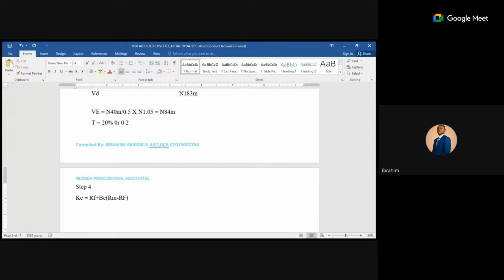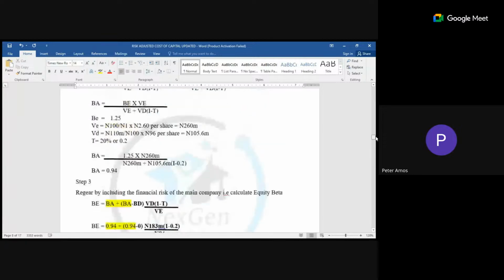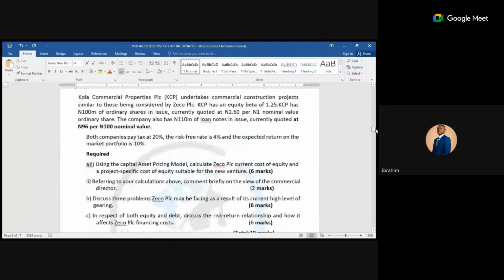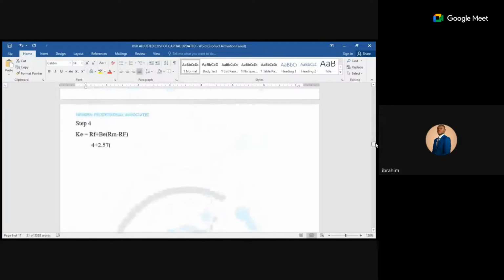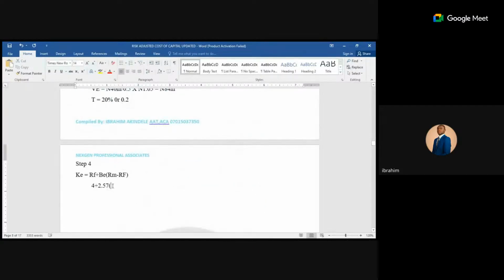What is the risk-free given to us in this question, class? 4%. What is our equity beta calculated in this question? 2.57. What is the market return? This is the market return, this is the risk-free: 10%, which is 10 minus 4.